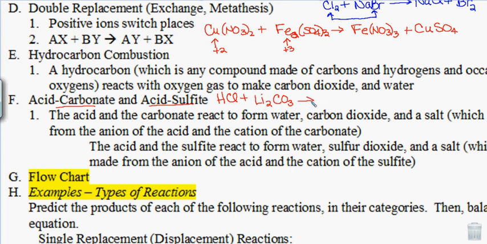When you encounter two compounds where one of them is an acid, and remember right now our definition of an acid means it's going to start out with hydrogen. If it's joining with a carbonate, that means that the carbonate ion is present in the other compound. As these join together, you will always make the water and the carbon dioxide.